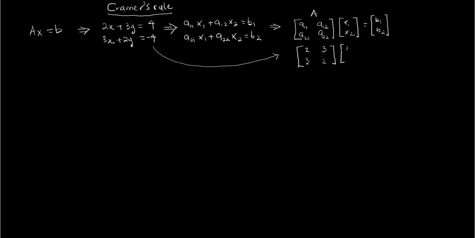So that's going to be my x and that's going to be my y, which is equal to my 4 and minus 4. You can see I've represented the equations in that form. And remember, this is my A, this is my X, and this is my B. This is the form I was talking about at the very start of this video.